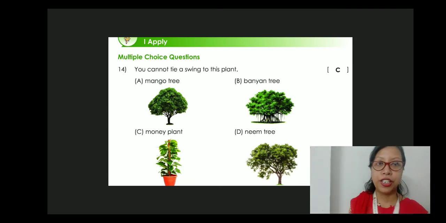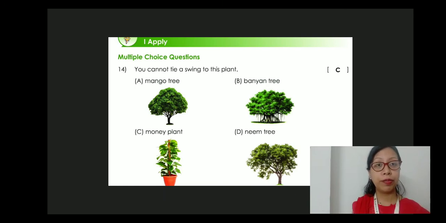Multiple choice question. You cannot tie a string to this plant: mango tree, banyan tree, money plant or neem tree. We all love swinging on trees, right? So here it is saying that you cannot tie a swing to this particular plant. Which one? Mango tree is a big tree, right? That means it's a strong tree.